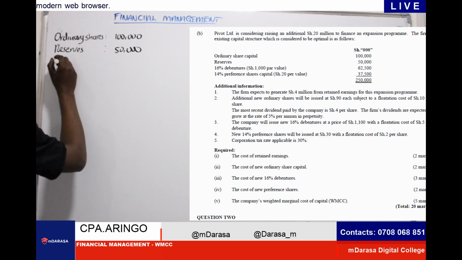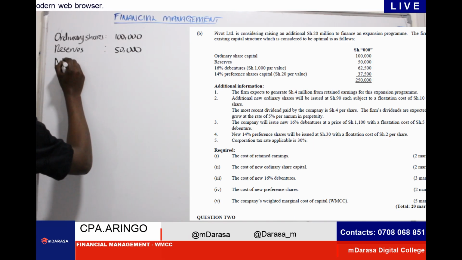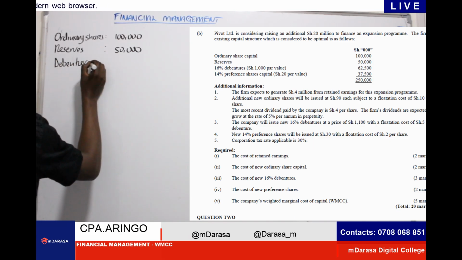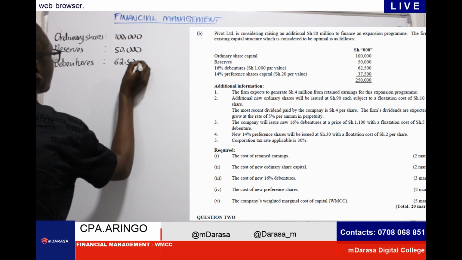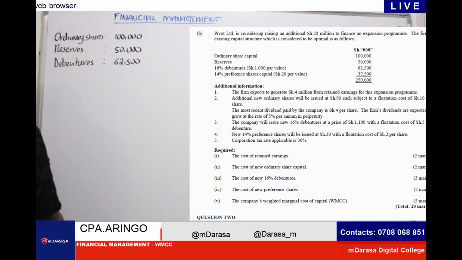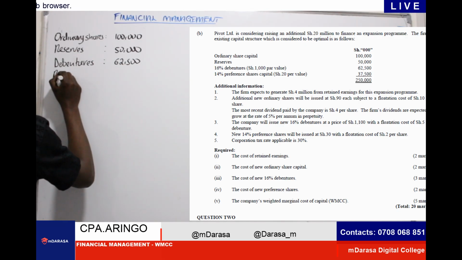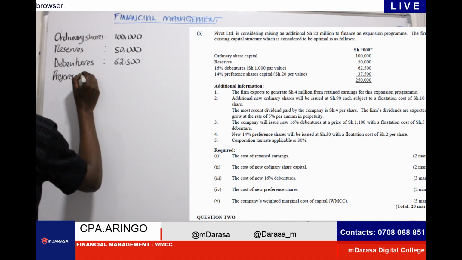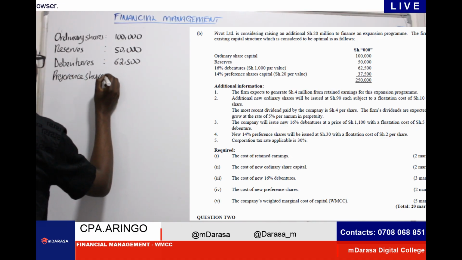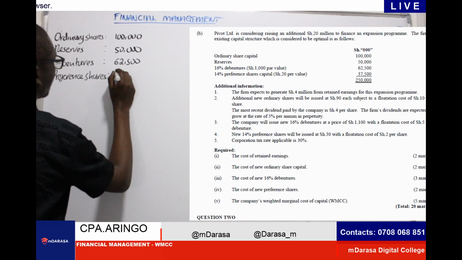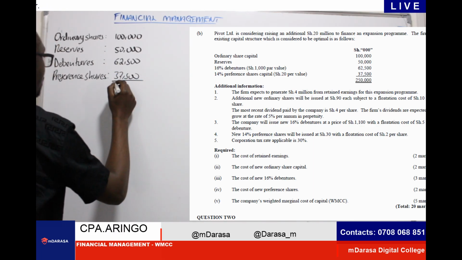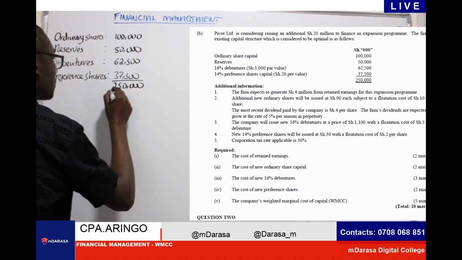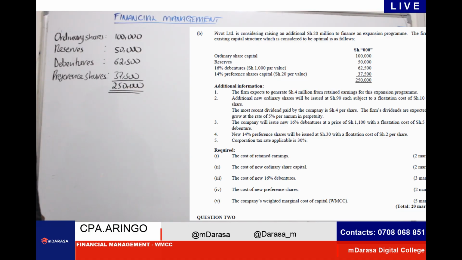We have 16% debentures, with a value of 62.5. We also have preference shares, with a value of 37,500, so that the total is 250,000. This is our optimal capital structure that we were given in this context.